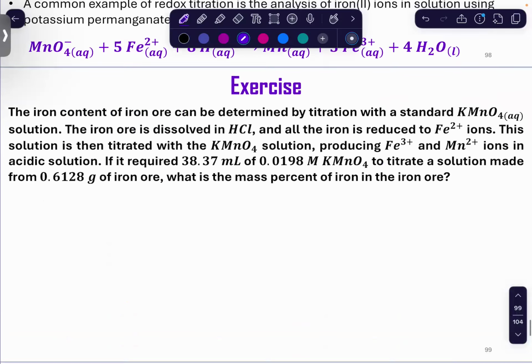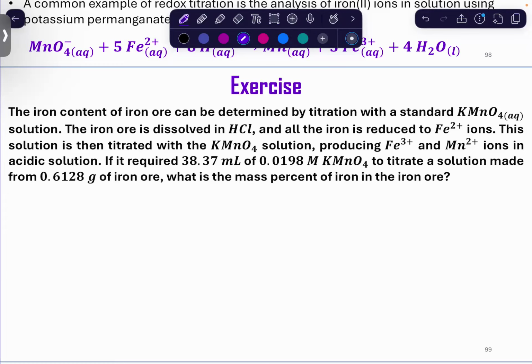But let's look at it. We're going to solve it pretty much like we did the other titration with stoichiometric calculations, but we're going to need our balanced redox reaction. So you read through this, and at the end, it asks what is the mass percent of the iron in the iron ore that's been mined. The iron ore was dissolved in hydrochloric acid, so this is an acidic solution, and all the iron was reduced to iron 2 ions.